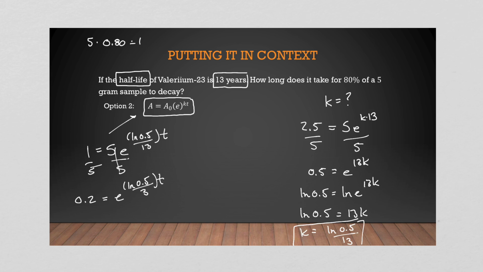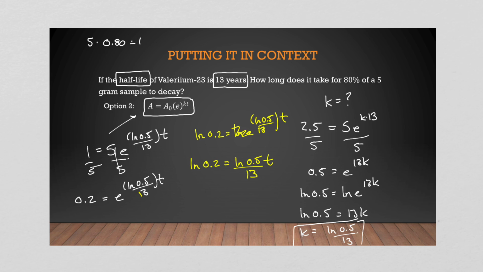And now we take the natural log of both sides, because that's going to cancel off my e value, and over 13, and then times t. So now those cancel out, and I'm left with natural log of 0.2 equals the natural log of 0.5 divided by 13 times t.